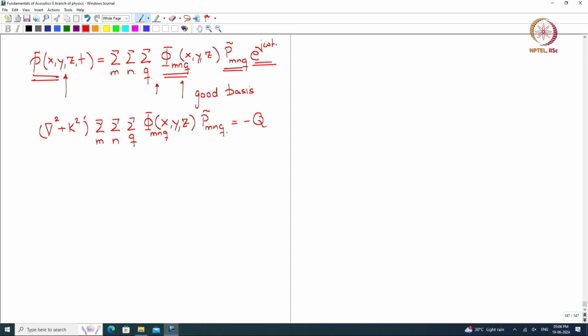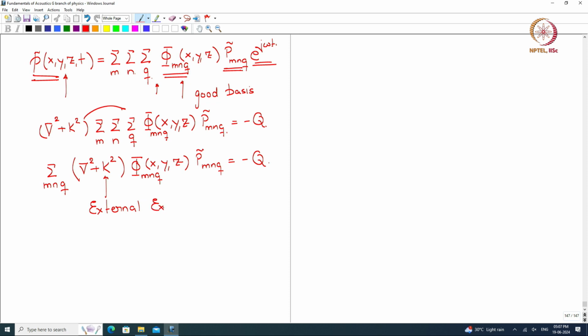And if I switch the summation and operator, I get summation over mnq, I will use just one sum, del square plus k square, phi mnq of x, y, z, p tilde mnq is equal to minus Q. This k square is coming from the external excitation, because it is a linear system and we have dropped the initial transient response.